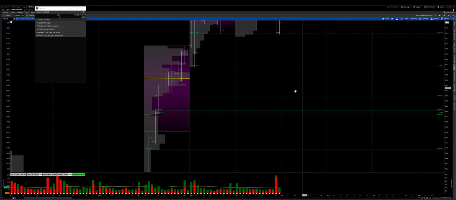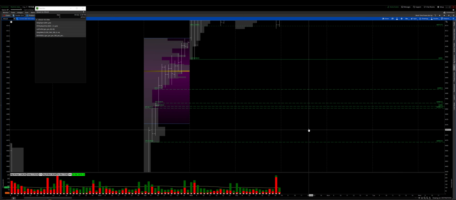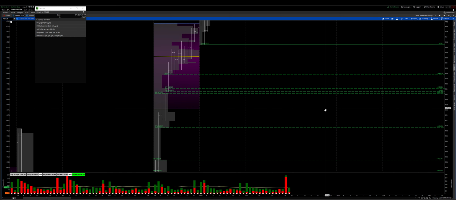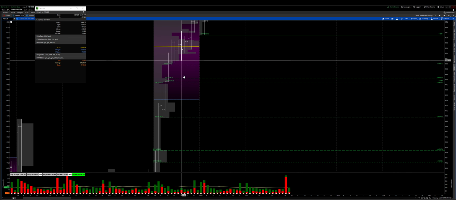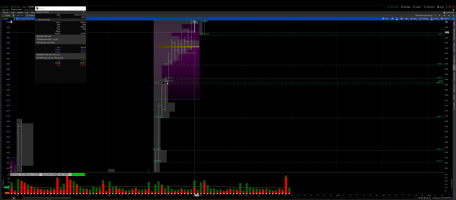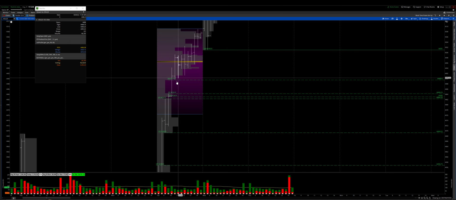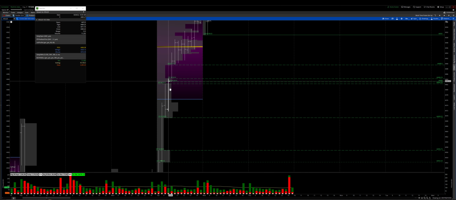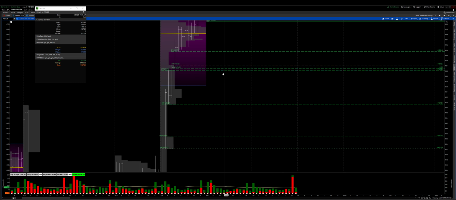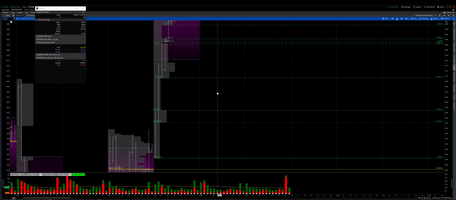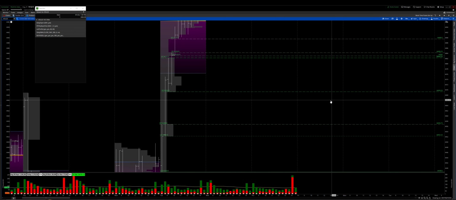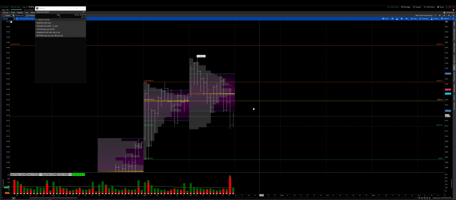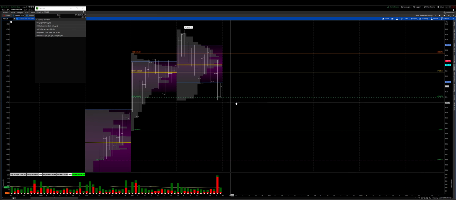And keep in mind that 90 to 60 area was where the 20 and the 50-day moving average are located, and that's where our single prints are located. Single prints start here at 89.50, and then they really don't fill until 82.25, and then the next set 69.25 to 56.75.